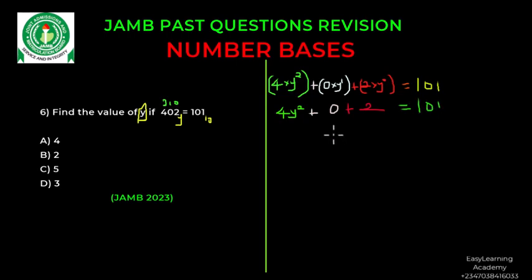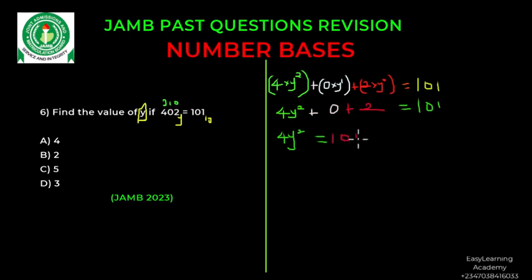Okay, so we are asked to find y. We collect like terms. Let's drop everything that was here, 4y squared is going to remain, and then equal to the right hand side. The right hand side is 101.